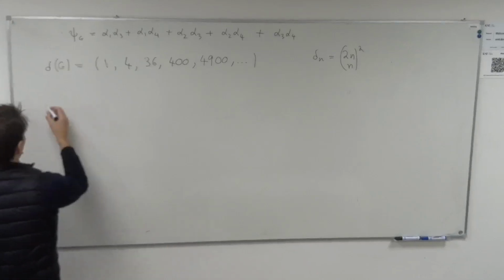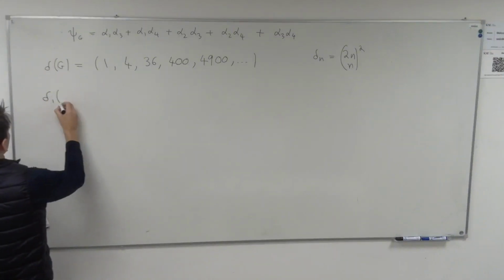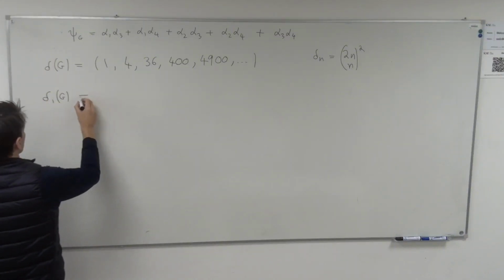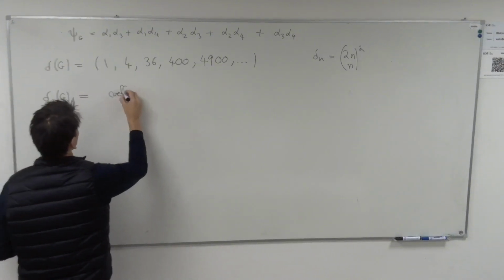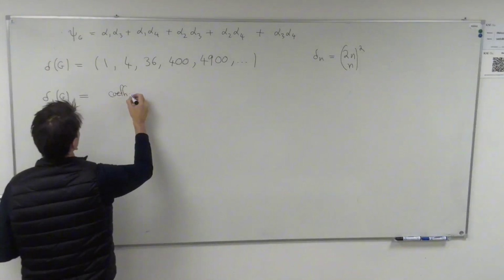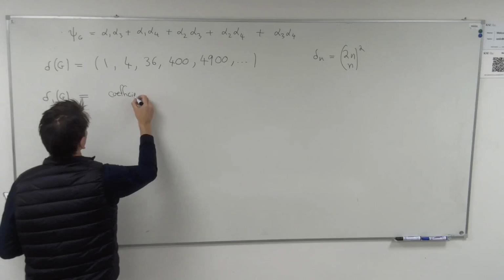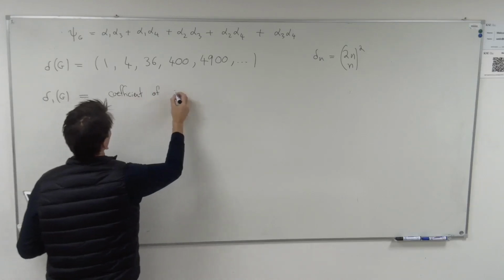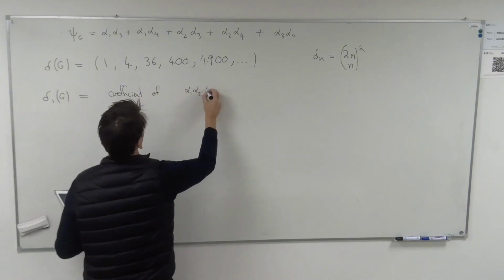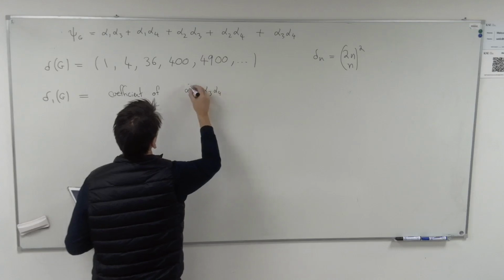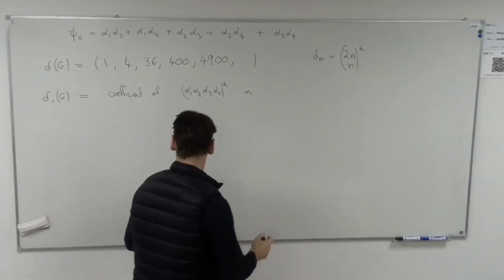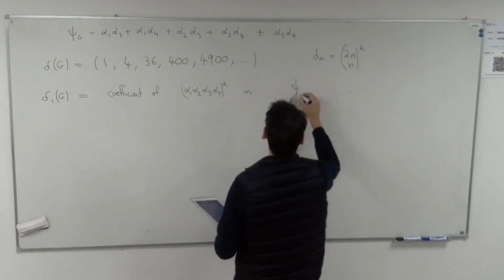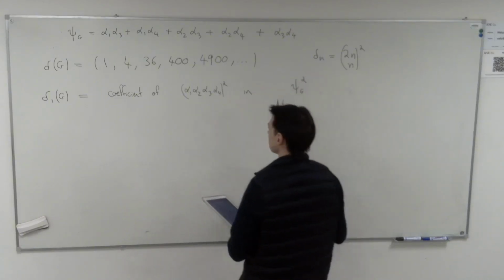So let's look at delta 1. So delta 1 of G equals the coefficient, so this is 4. So number 4 is the coefficient of alpha 1, alpha 2, alpha 3, alpha 4 squared in psi g squared.